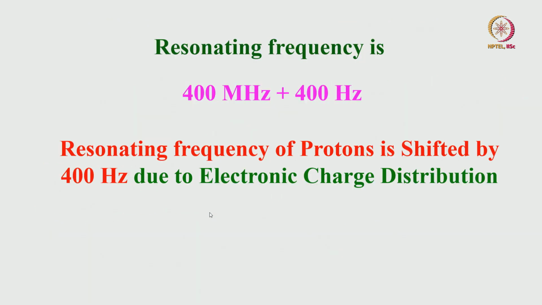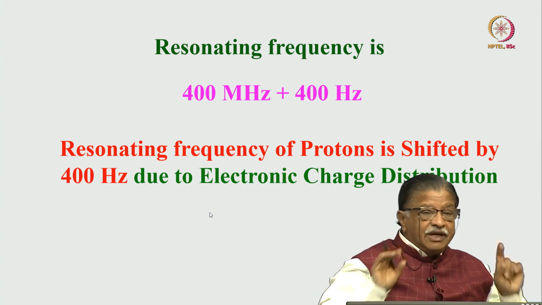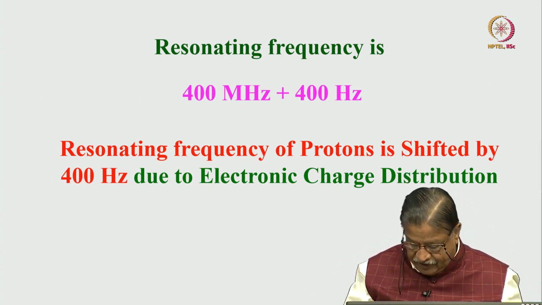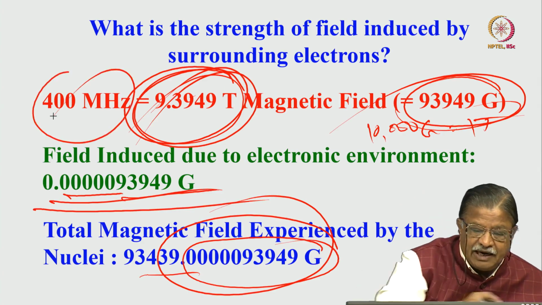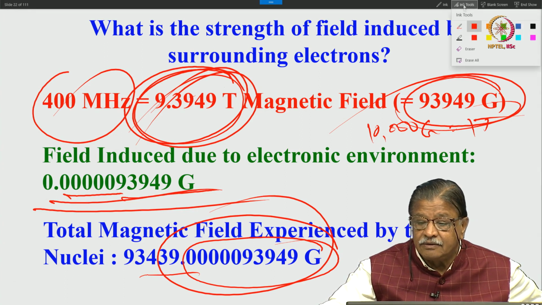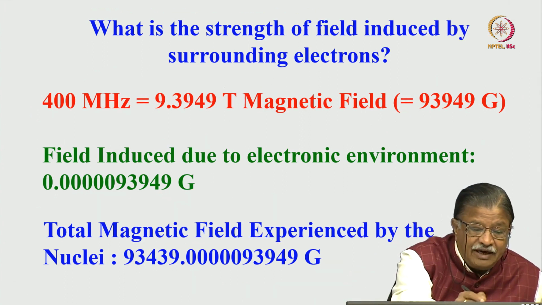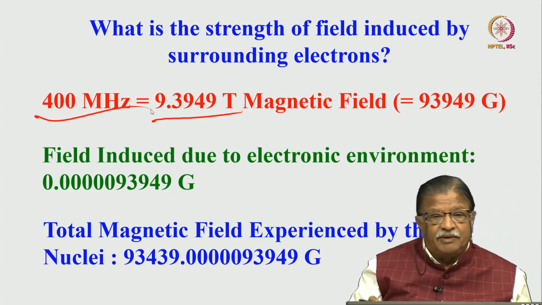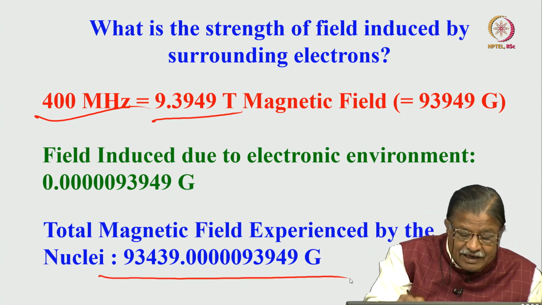Okay. So, what is the resonating frequency now? If I calculate the resonating frequency for this magnetic field, I said 400 megahertz, this is the magnetic field, and this gives 400 megahertz. But now I have added some number.